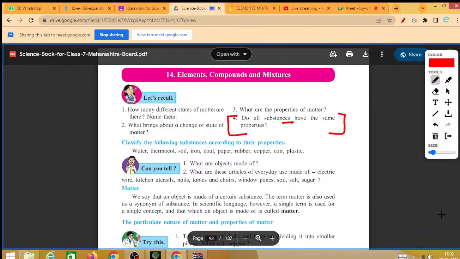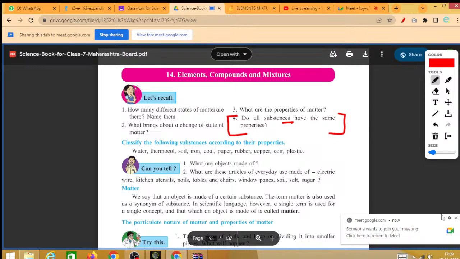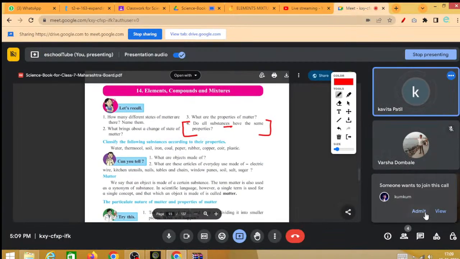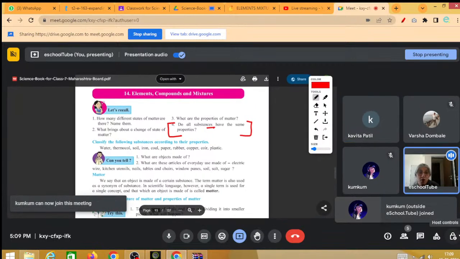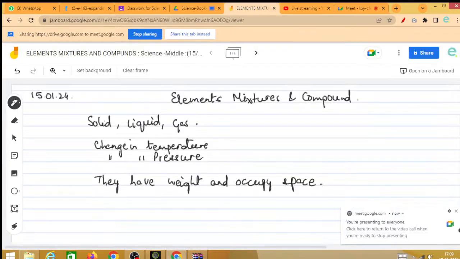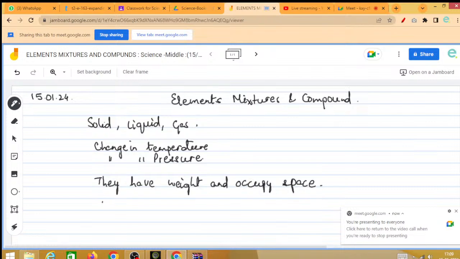Do all substances have the same properties? Tell me. Do all substances? No, ma'am. No? Okay. Why no? So we'll say all substances do not have the same properties. Why?